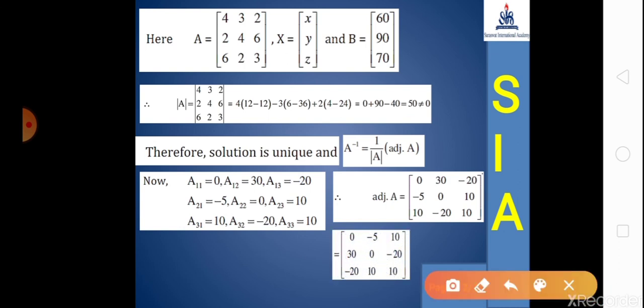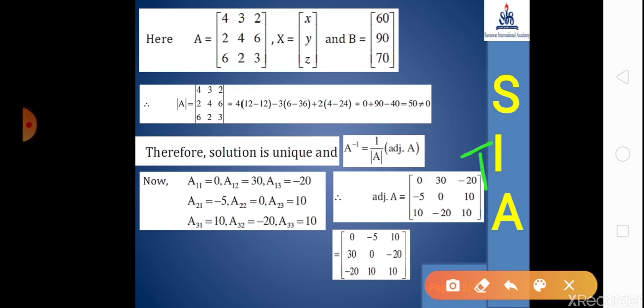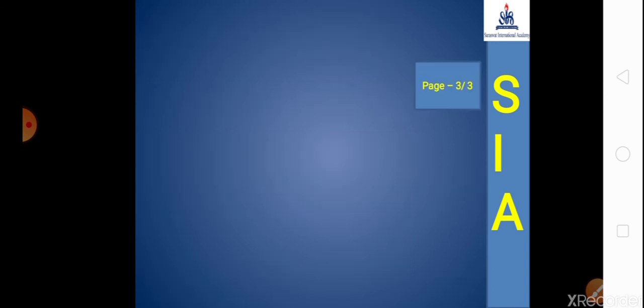Students, here it is written with a dash, but you write T at the top. The values are 0, 30 minus 20, minus 10 0, 10 and 10 minus 20, 10, and this is the adjoint, so A inverse is ready. X is equal to A inverse B, and the A inverse formula you already know: 1 upon determinant A into adjoint A, and B is the same as before.